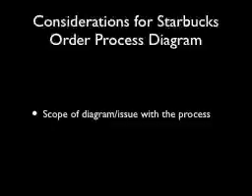So, considerations for this process diagram that we've worked on tonight. There was no issue given to us in this week 2 presentation question. So without a question, the scope of the diagram is limited to the steps that we've looked at.